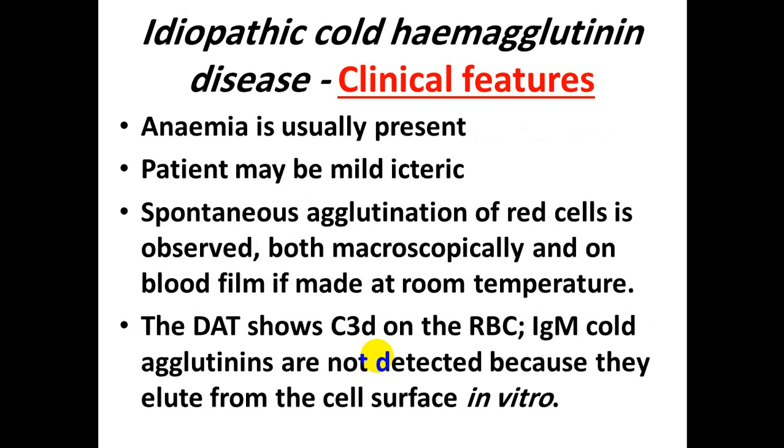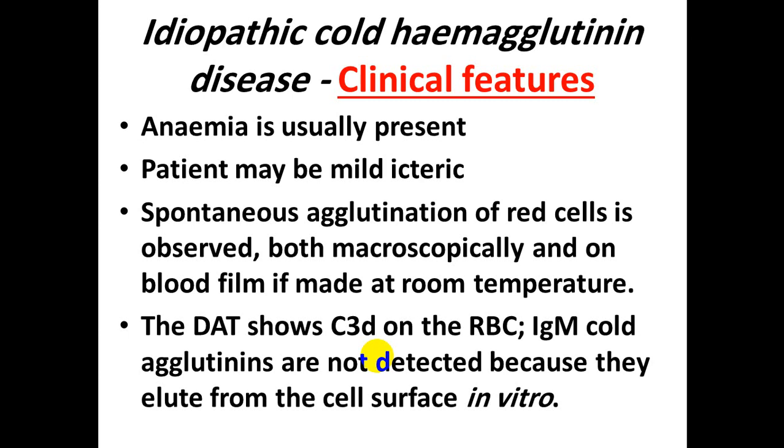In idiopathic cold hemagglutinin disease, anemia is usually present, as well as mild jaundice. Spontaneous agglutination of red cells is observed macroscopically on a blood film if made at room temperature. You can see it in the slide by your eyes.